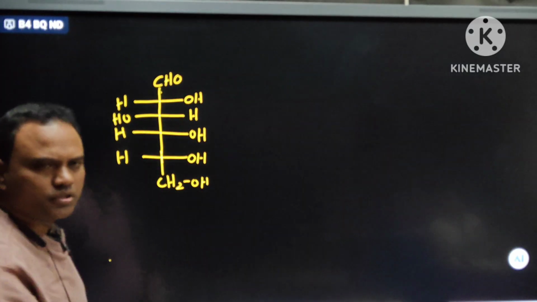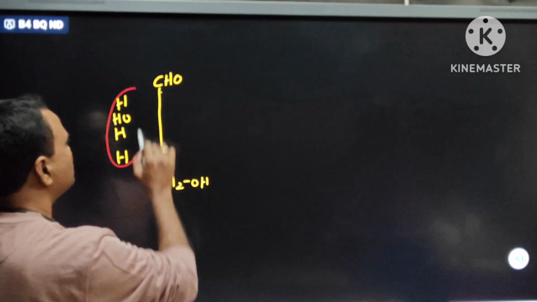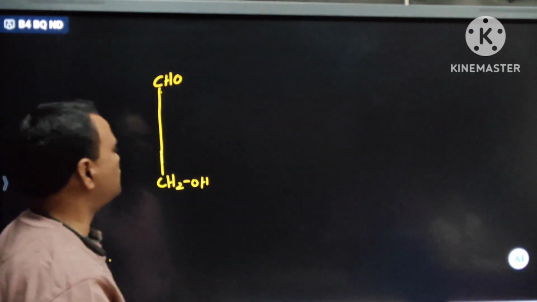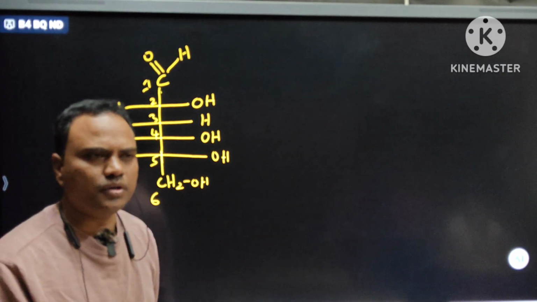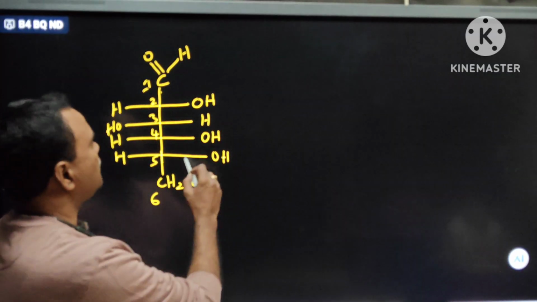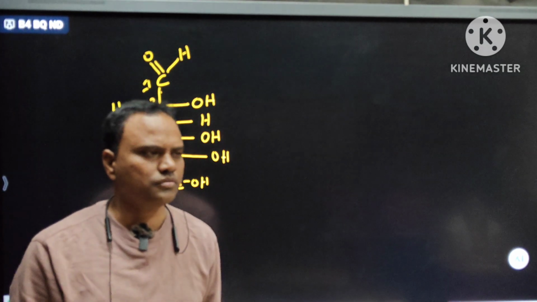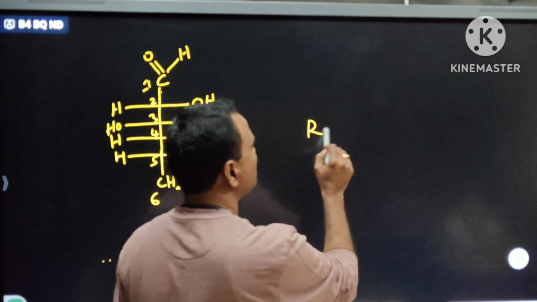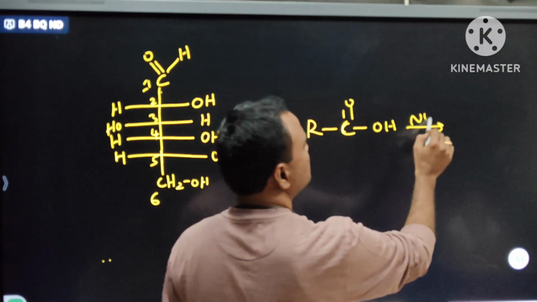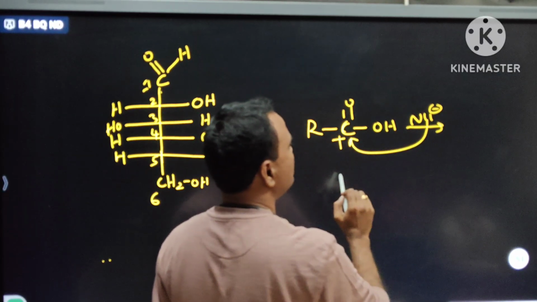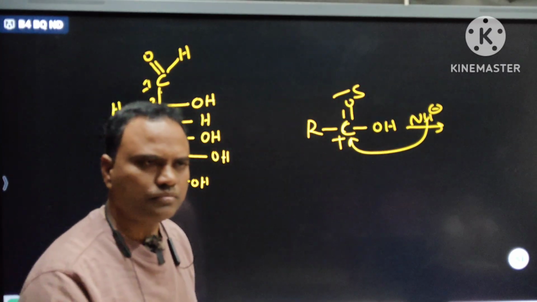First of all, draw one vertical line. Keep CHO at the top and CH2OH at the bottom. The OH group at the 5th carbon attacks the aldehydic carbon. This is like a nucleophilic addition. You know aldehyde properties. Aldehydes react with nucleophiles. The nucleophile attacks the carbon because this is having positive, this is having negative. You know nucleophilic addition reactions.